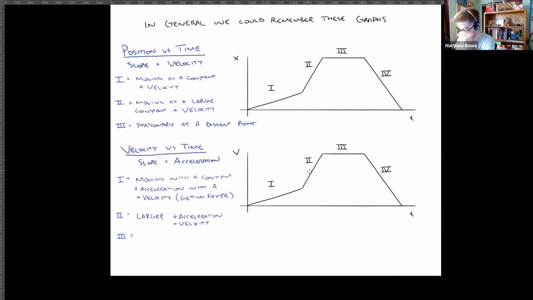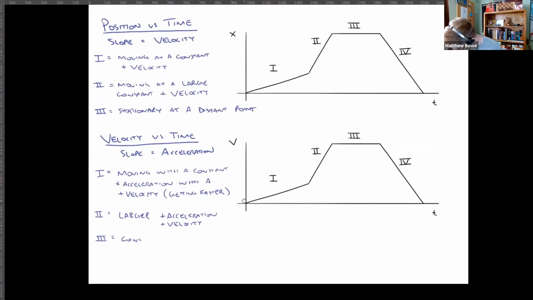For section 3 down on the bottom graph, it is a flat line, but we remember that this is a velocity versus time graph. So it is remaining for a period of time from here to here at a constant velocity. It's not changing its velocity anymore. So constant positive velocity.